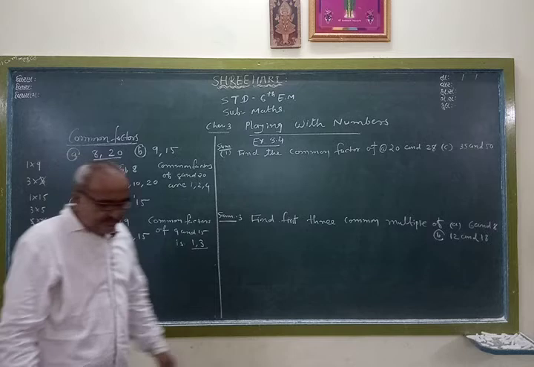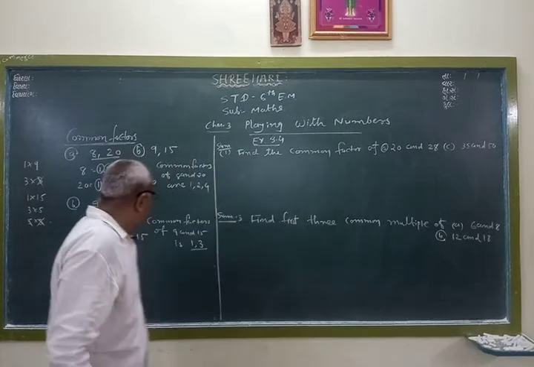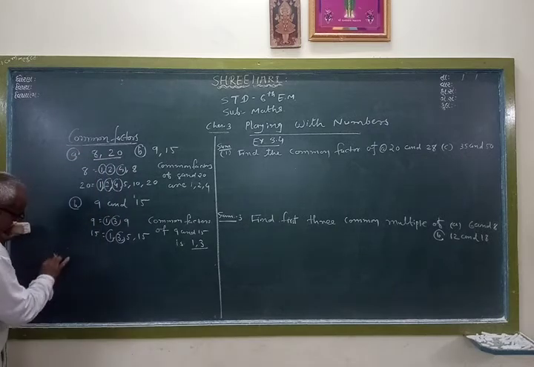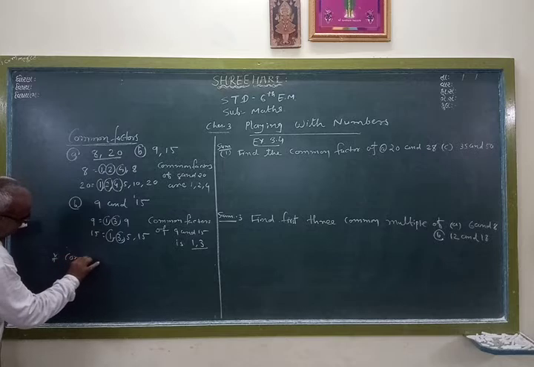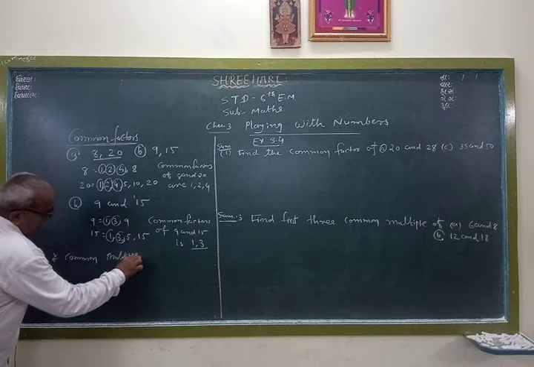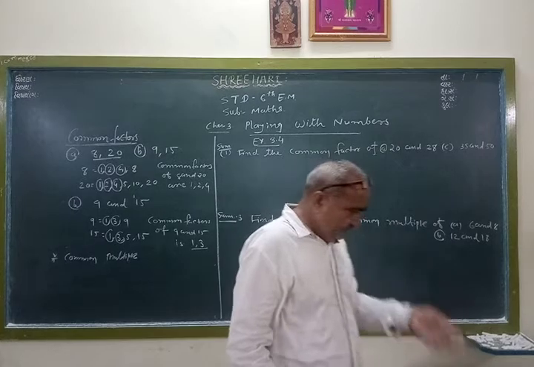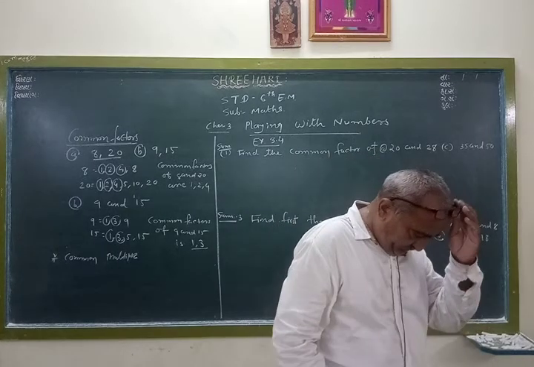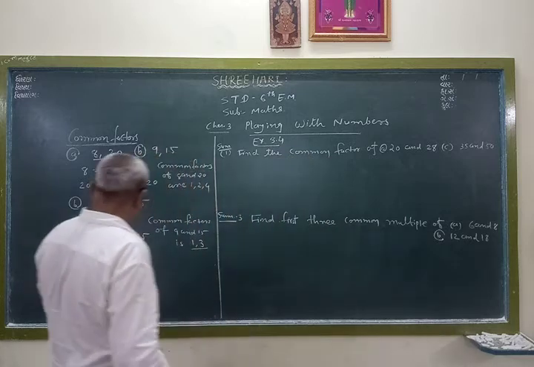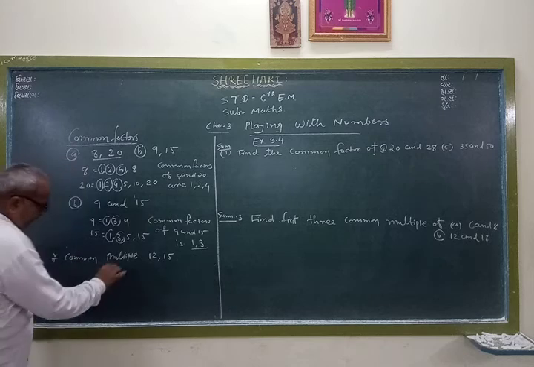Like this, we want to find the common multiple of 12 and 15. So what is the meaning of multiple?